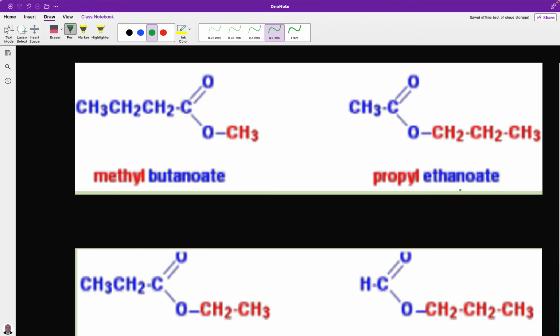The same thing goes with this one here. The red part of it is provided by the alcohol, and the alcohol is what? It's propanol. Then the second part of it is provided by the acid. Which acid is that? It is ethanoic acid. So it is now propyl ethanoate.